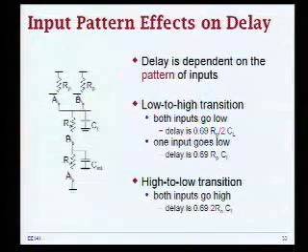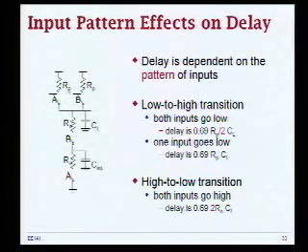Now the first realization that you make is, unlike inverters, where we have a simple device, pull up, pull down, and all I need to care about is making the pull up and pull down delays about equal, here you have a much more complicated situation, because the input pattern affects the delay.